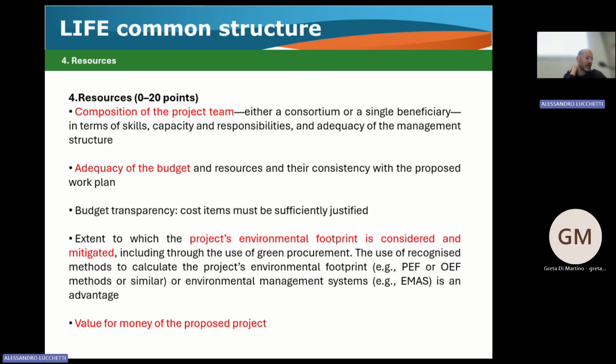You cannot be generic in this part either, but you have to say, I will buy 10 passive nets for doing this and this. At the end of the project, if you buy 20 nets, they say, well, okay, in the proposal you reported 10. Why did you buy 20 nets? You have to justify every single expense.